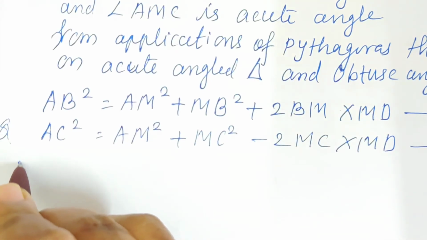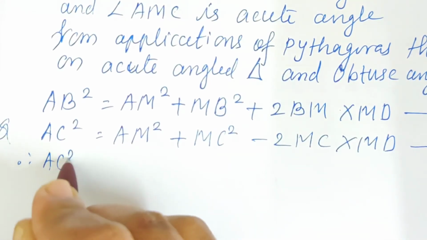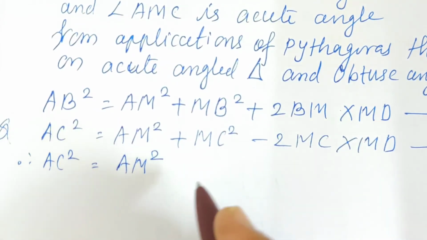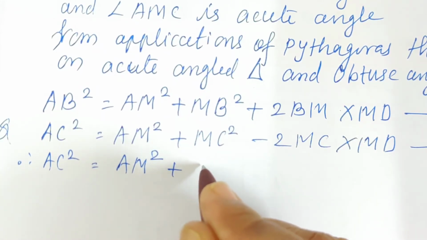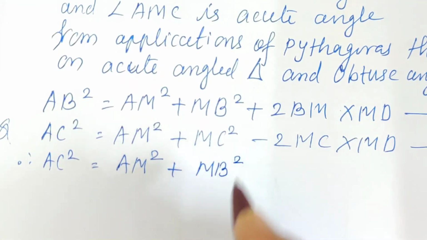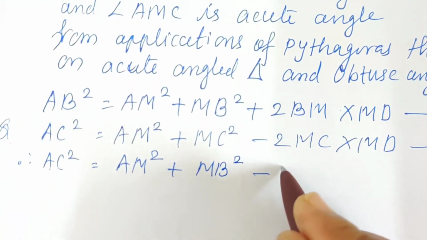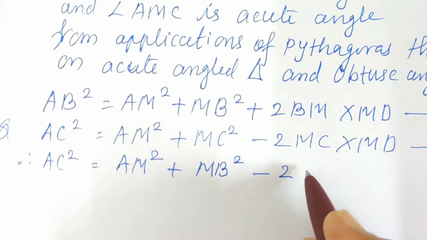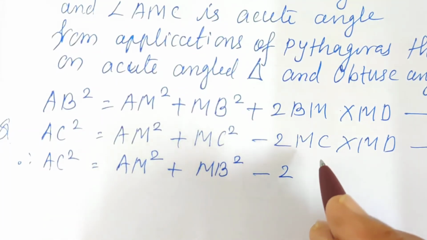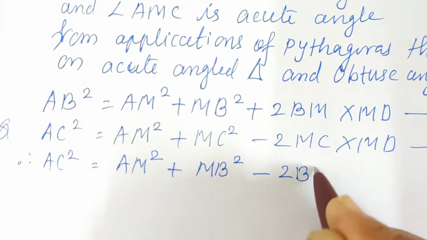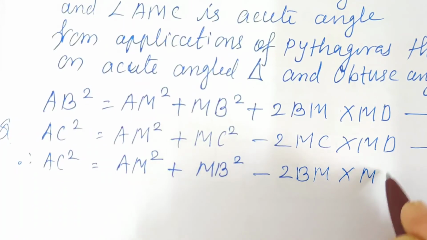And so here we will write AC square is equal to AM square plus, instead of MC I am writing there MB square, minus 2MC is here, that also we will write, instead of MC we will write there MB or BM, BM multiply by MD.